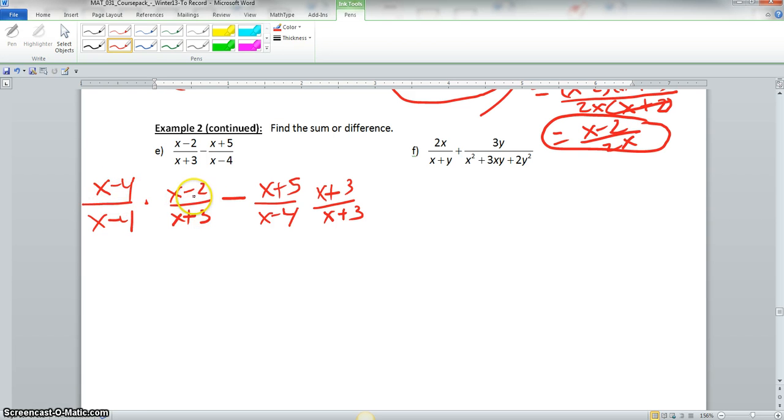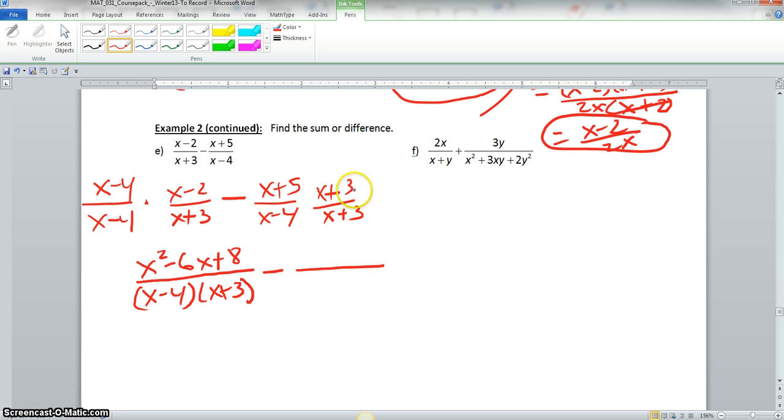X minus 4 times x minus 2 will give you x squared minus 6x plus 8. And that's all over x minus 4 and x plus 3. So this will be minus x plus 5 times x plus 3 is x squared plus 8x plus 15. And then our denominator will be x minus 4 and x plus 3.